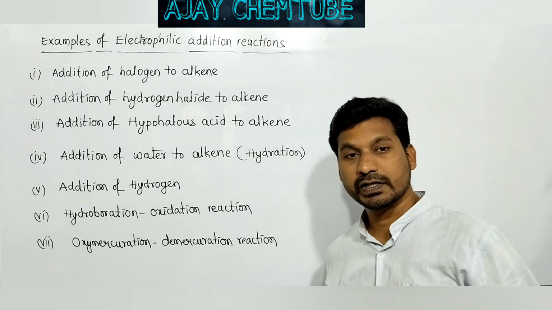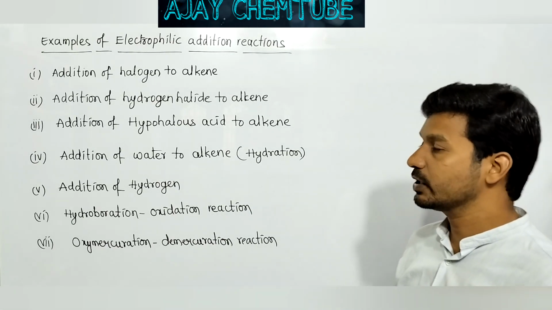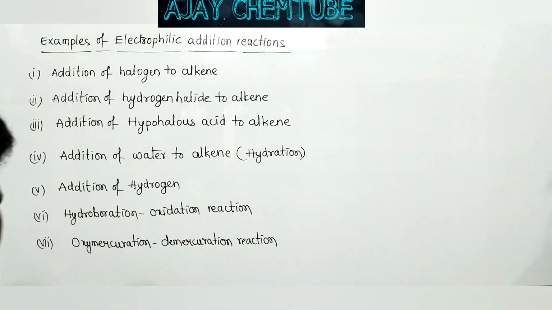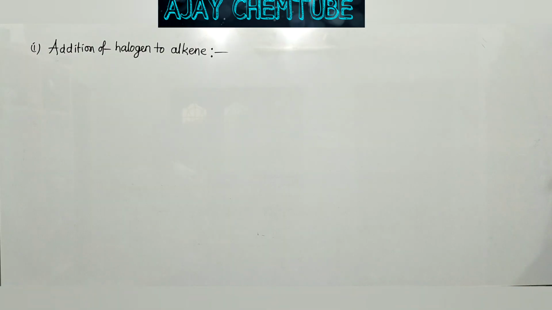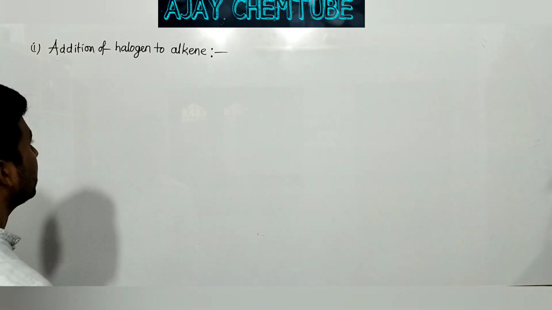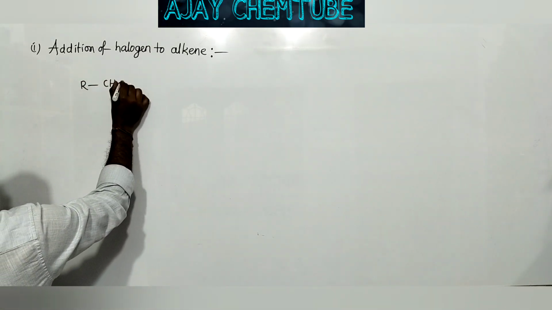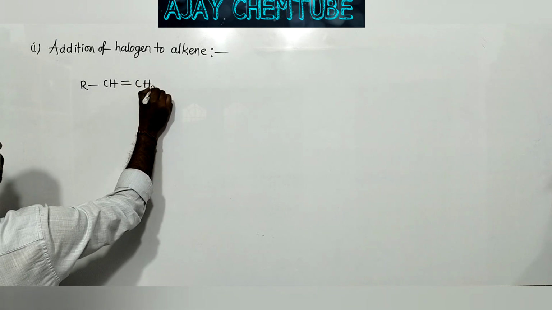In that, the first one is addition of halogen to alkene. First, take this one. I am taking alkene RCH double bond CH2.